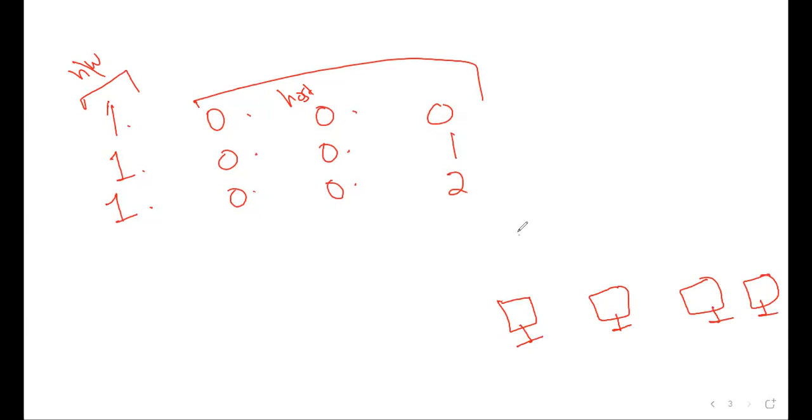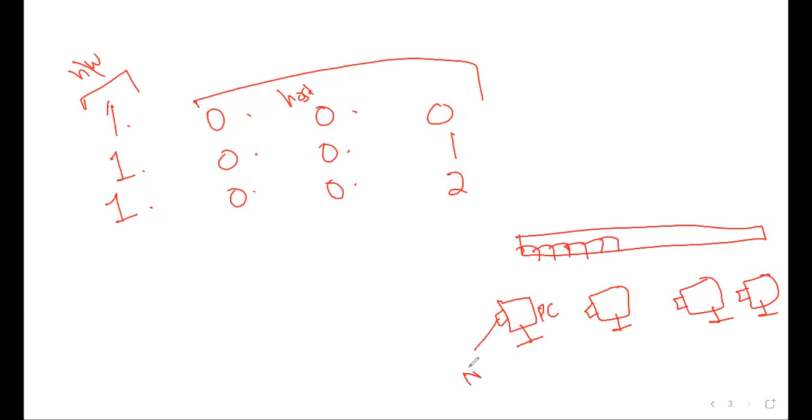So I purchased a switch. And the switch will have port numbers. And the system will have an NIC, network interface card. This is PC, this is NIC. This is the switch, and these are ports 1, 2, 3, 4, 5, 6.